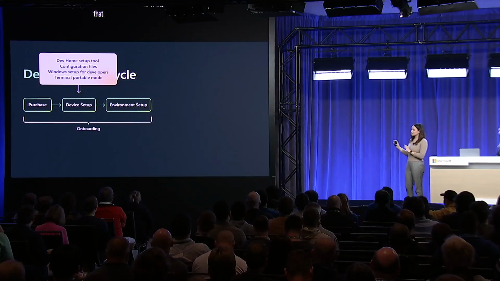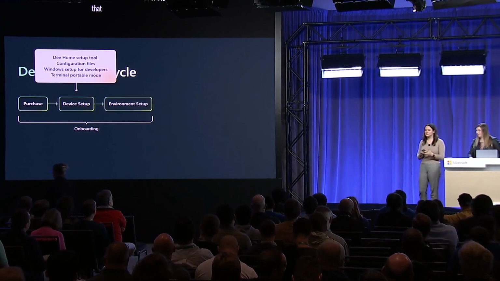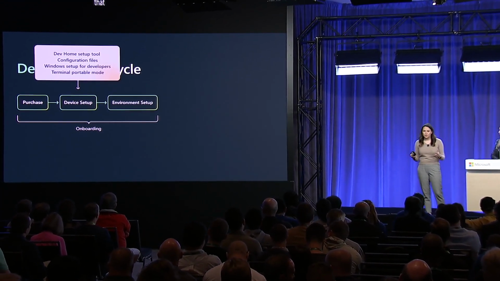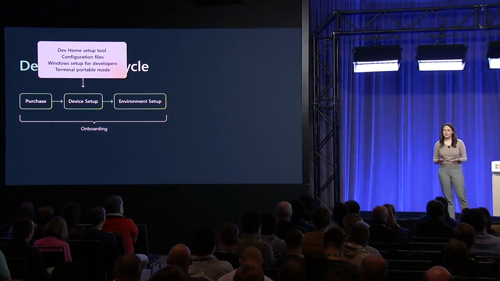So that is all of the content that we have for you, but this was a lot of information that we're sharing with you. So we want to do a little bit of a wrap up, jumping back into the slides. Bringing it back to that developer lifecycle, we talked about onboarding and some of the improvements that we're making to onboarding. Your onboarding is going to be much smoother with the DevHome setup flow and Winget configuration, helping you to get into your inner loop faster.